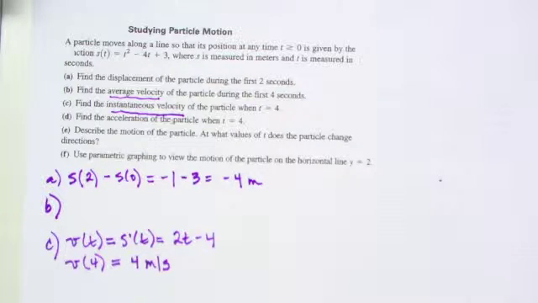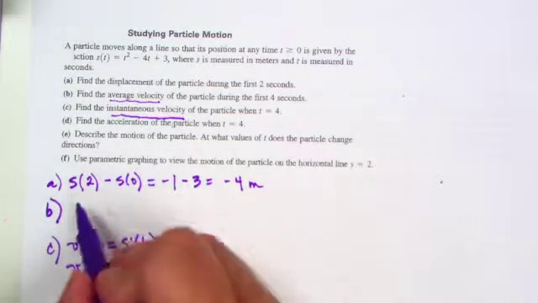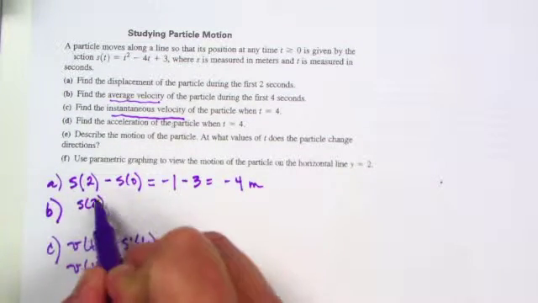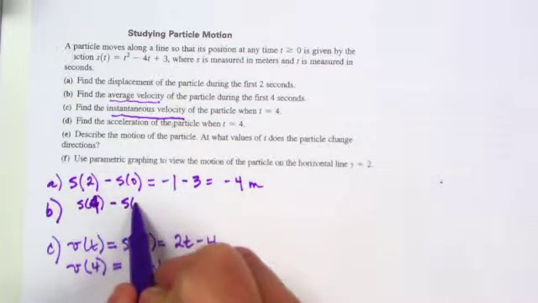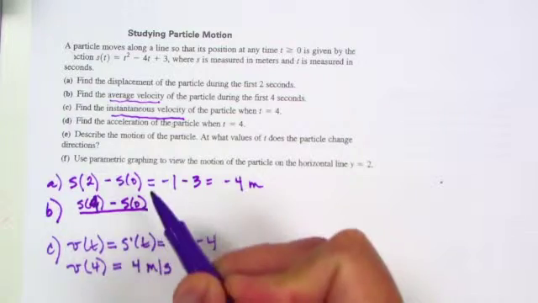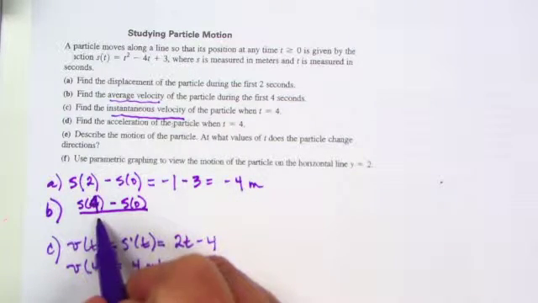Okay, so go back to B. B wants the average velocity. What do you think you would do there? Find the endpoints, 0 and 4. So how about S of 4? That would be my position at 4 minus S of 0 and divide it by what? How about 4 minus 0?